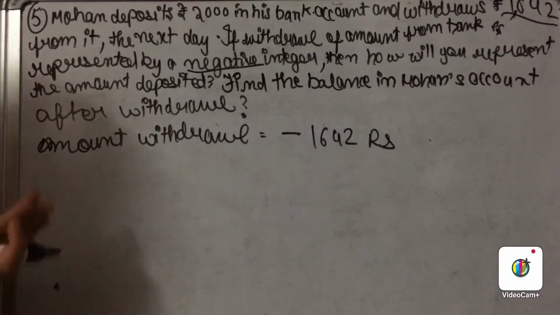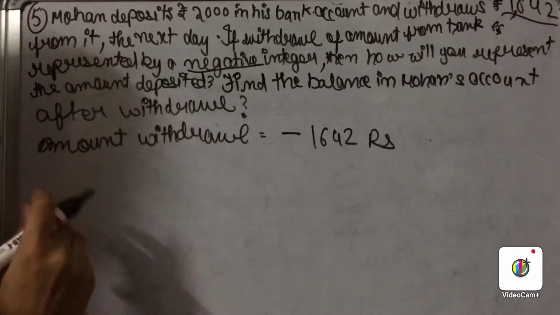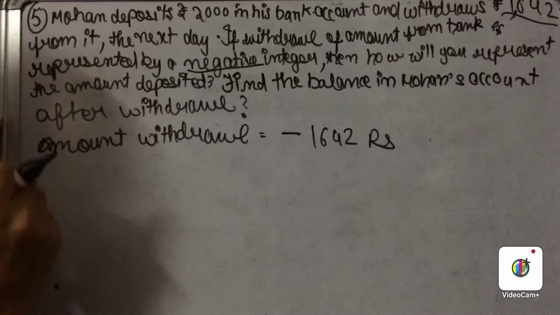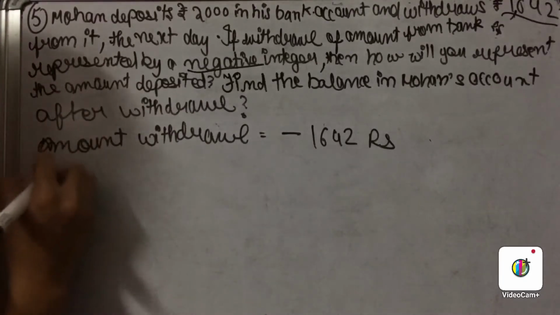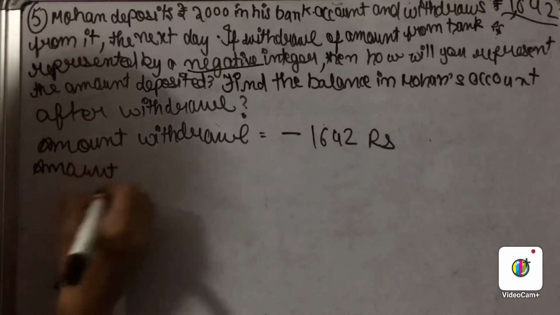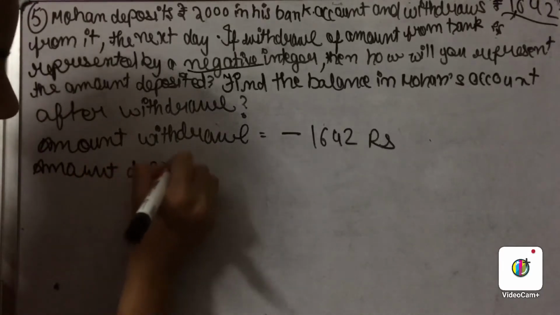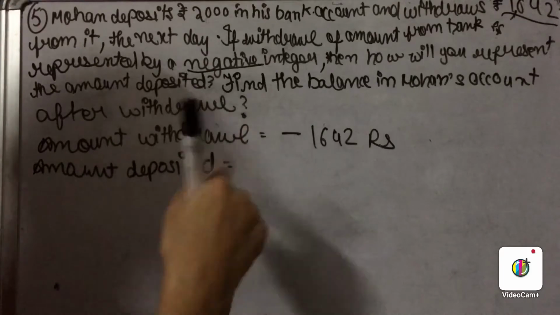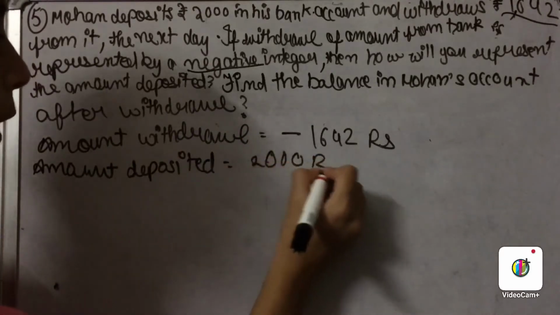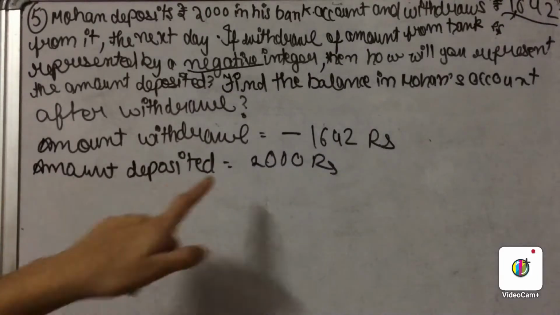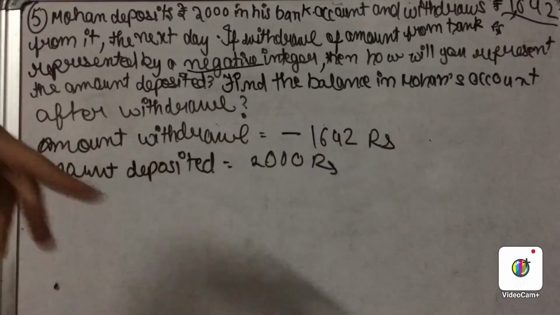If the withdrawal is represented by negative integer, then the deposit will be represented by a positive integer. So here we will write amount deposited. So what is the amount deposit? 2000 rupees. Now we have to find the balance in Mohan's account after withdrawal.